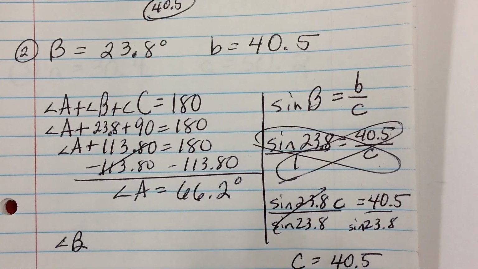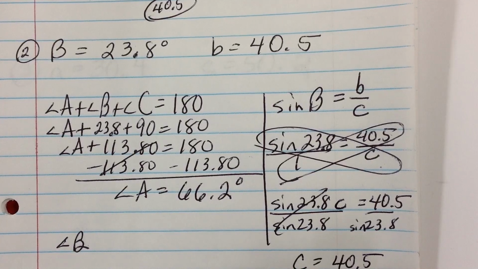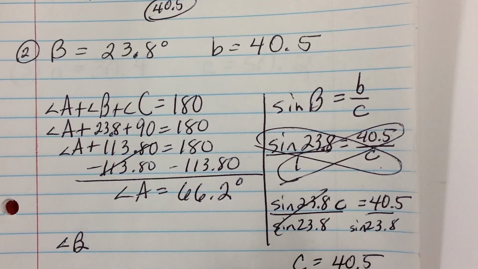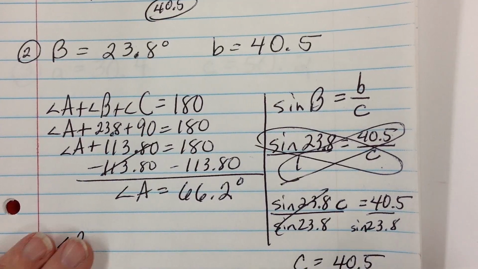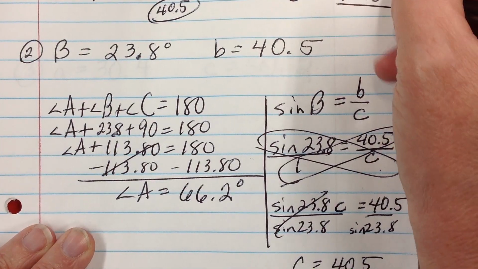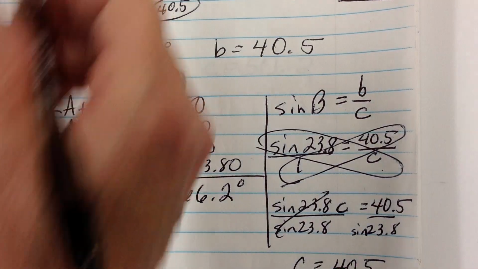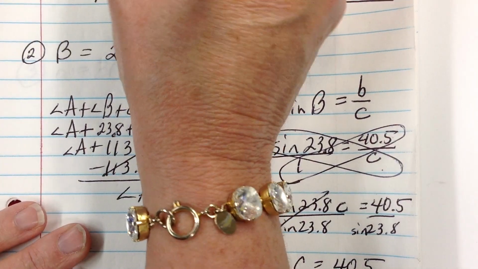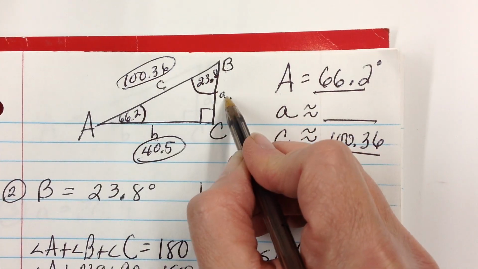When I do that, C equals 100.36. So let's do the approximation. C is 100.36.